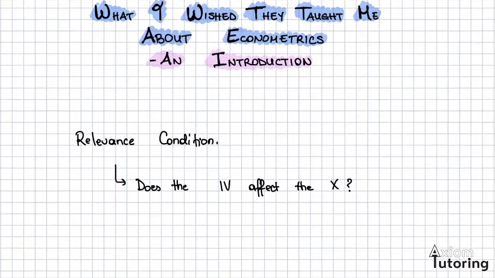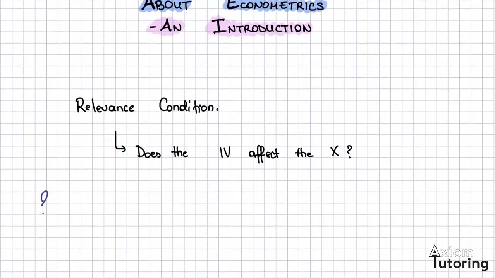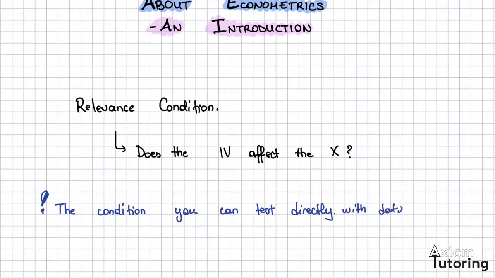And at the same time, I'm going to flag this one up before we move on to the rest: this is the one condition that you can test directly with the data. Which makes it both an easier condition to verify and the one that researchers sometimes focus on too much.